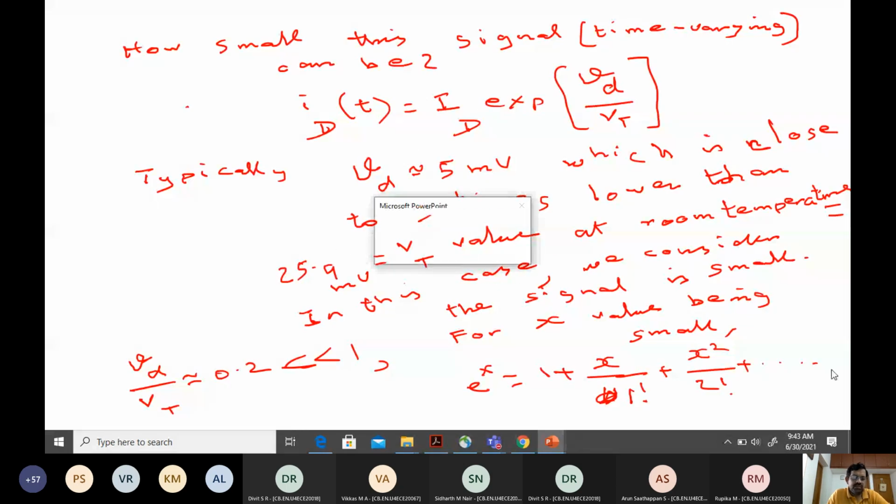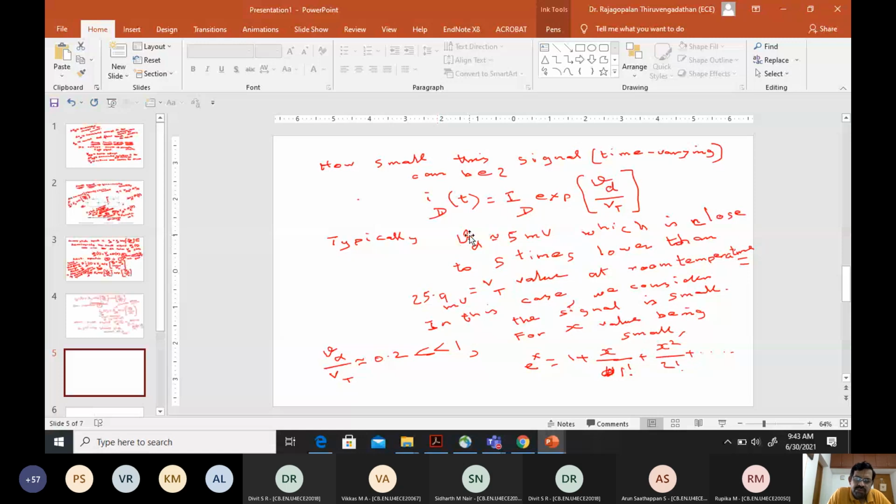Let us apply it and get some useful numbers. Definitely you have a small signal, and you have a small current. So obviously the next logical step is that we must have some kind of small signal resistance.